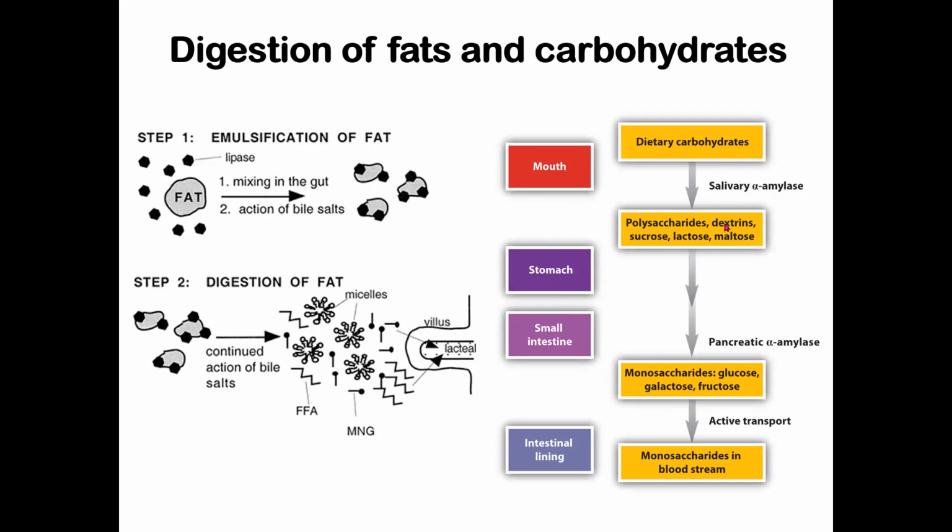Then we have other sugars called dextrins, and sucrose. Now, sucrose, for example, is one molecule of glucose and one molecule of fructose together. Lactose, maltose, there are many, many more sugars. Nothing happens to them in the stomach. In the small intestine, the pancreas produces alpha amylase. This is from the pancreas, not a hormone.